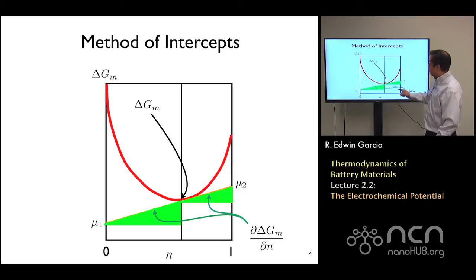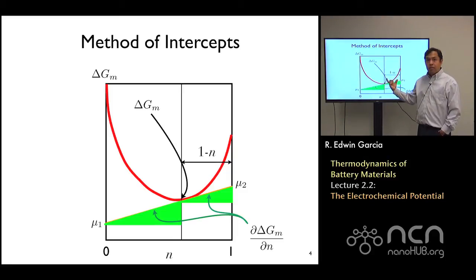So we know both the Gibbs free energy of mixing and its derivative, and that allows us to specify the entire equation of the line: the Gibbs free energy of mixing at this point, plus the change as a result of increasing it by that much along this line, which corresponds to delta GM plus this derivative times this distance.